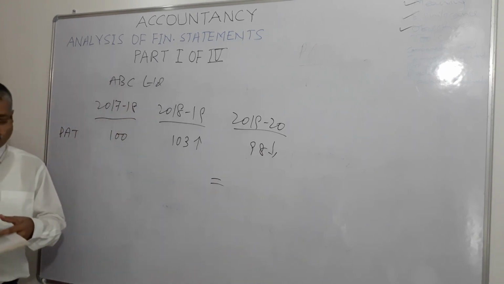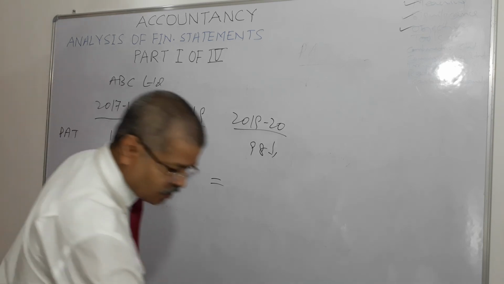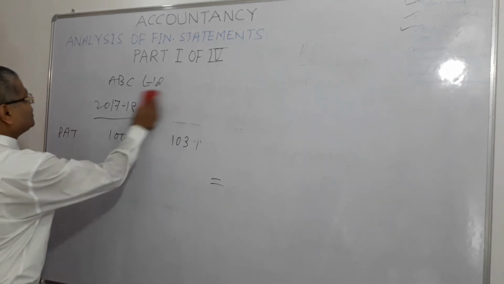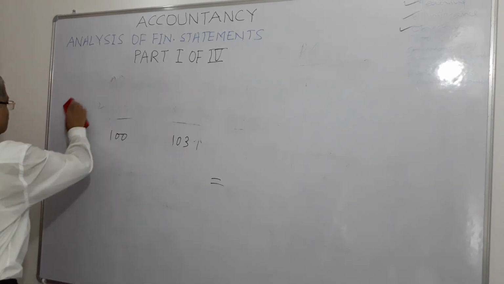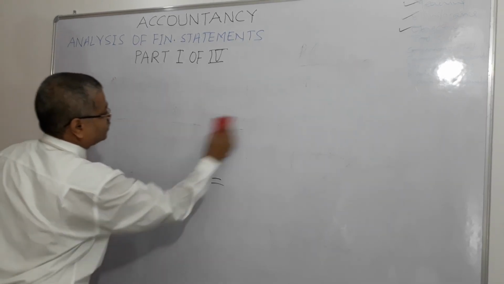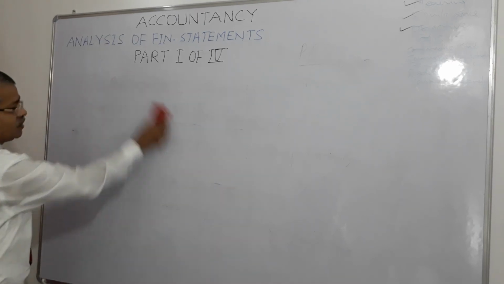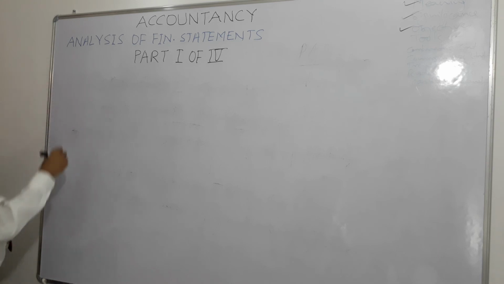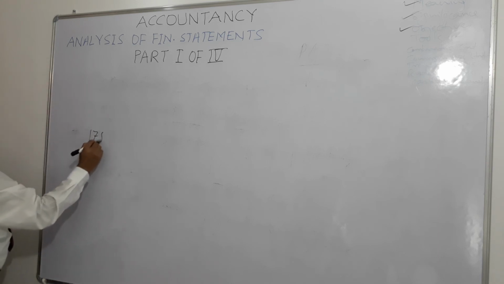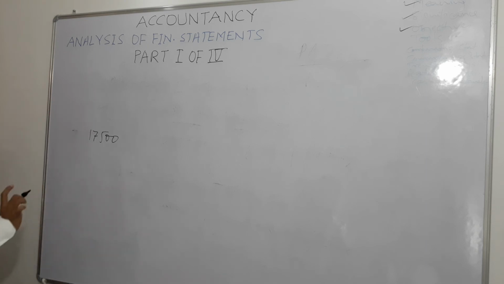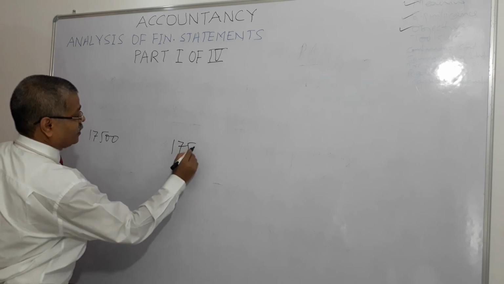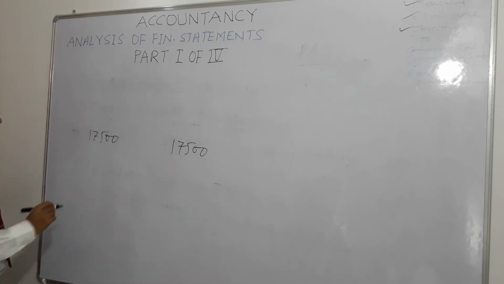The second one is common size statement. What is common size statement? Common size statement means, suppose we take the balance sheet of a company, right? And what do we do? Suppose the size of the balance sheet is 17,500, right? Size of the balance sheet means assets are 17,500, liabilities are 17,500.